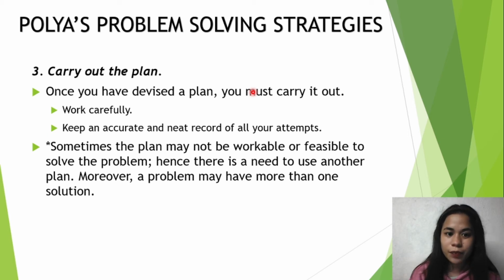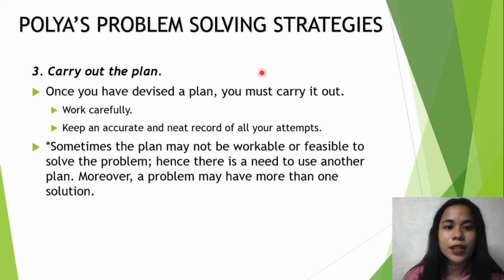Ibig sabihin, sa isang problem, pwede kang maka-come up ng maraming solution. Pero yung sagot doon ay iisa lang. Kumbaga, you need to use another plan. You need to create more solutions until you arrive at only exact answer.